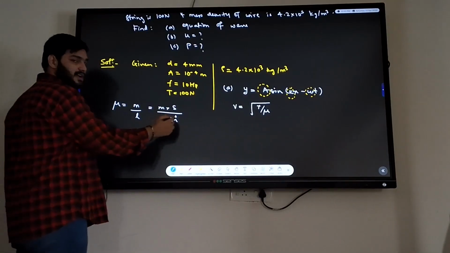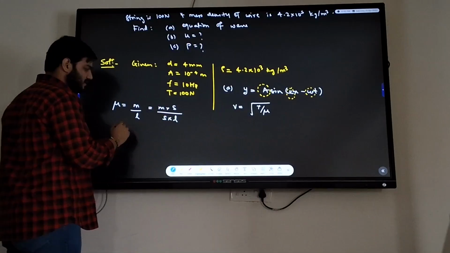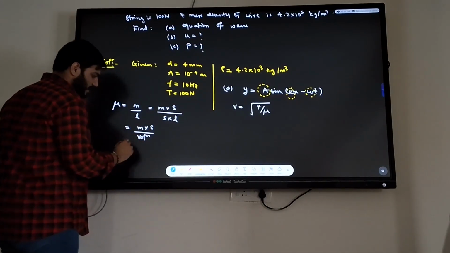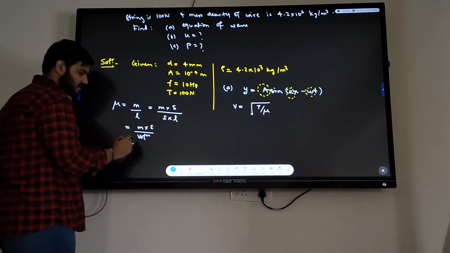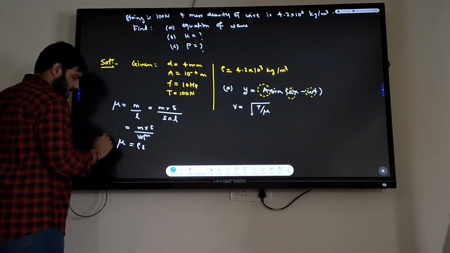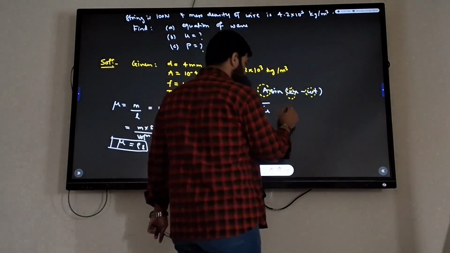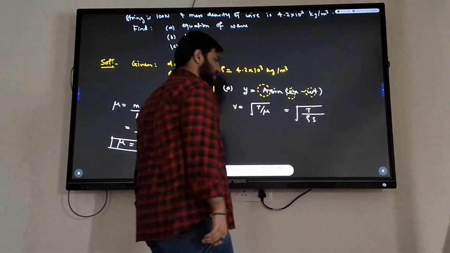What is surface area into length? Volume. So you'll get mass into S upon volume. And what is mass upon volume? That's rho. So mu is rho S. So I should write here root T by rho S.